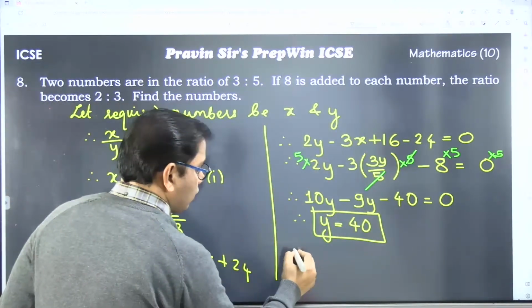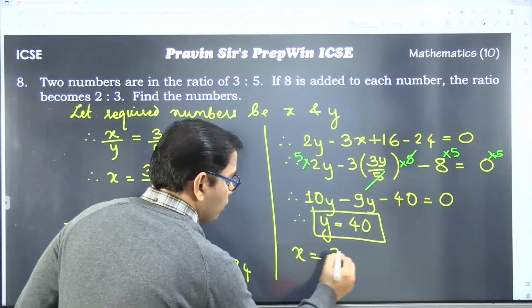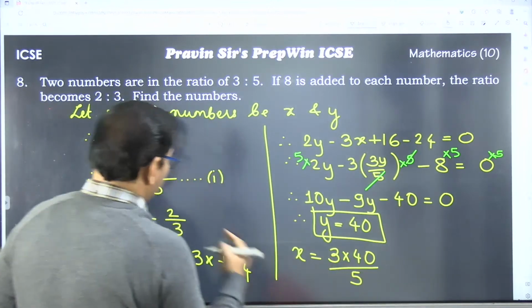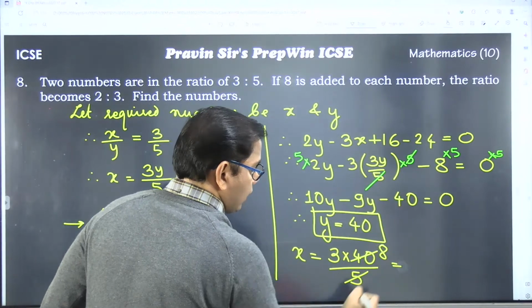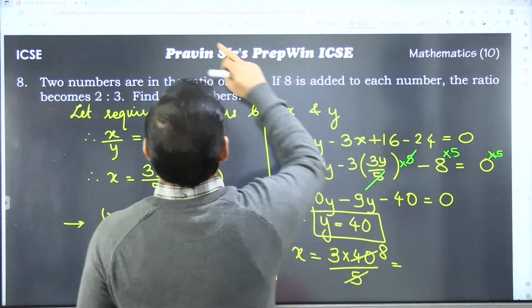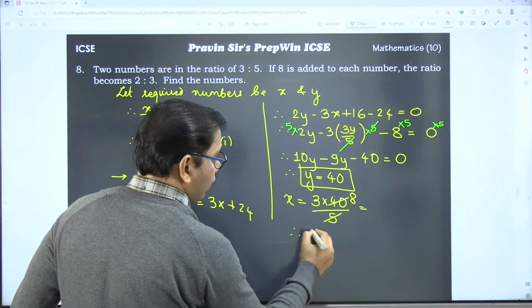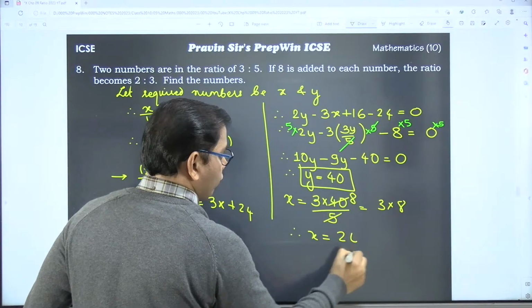What about the first number x? x is 3 into y by 5, 3 into 40 by 5, 5 into 8 is 40. So my first number is 3 into 8, which is 24.